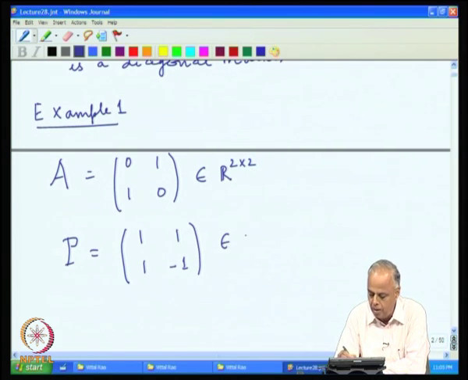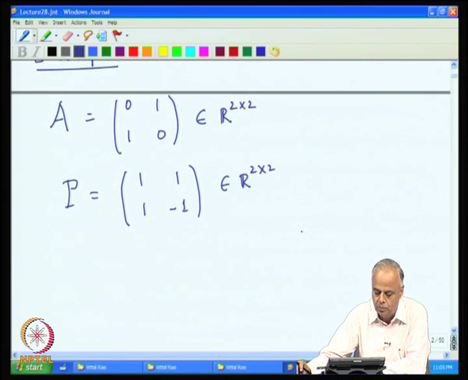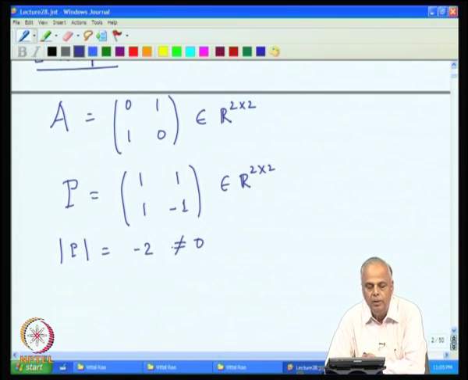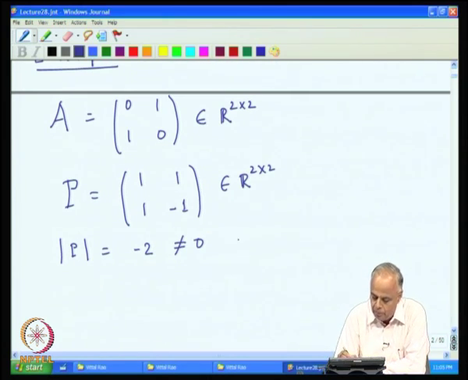This is clearly in R 2 by 2, again a real matrix, and the determinant of P is minus 2, which is not 0, and you have learnt in earlier classes that the matrix P is invertible if the determinant is not 0, hence P is invertible.